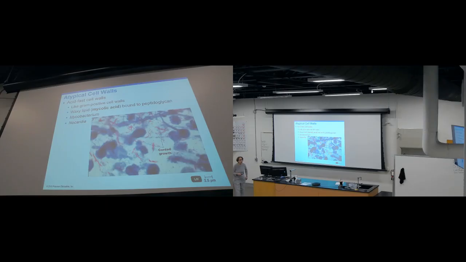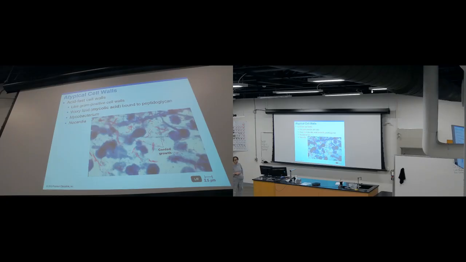For instance, mycobacteria have a lipid called mycolic acid, which is like a wax, and this is bound into the peptidoglycan. In this case, you use the acid-fast staining technique to stain these microorganisms, and we saw this staining technique before.